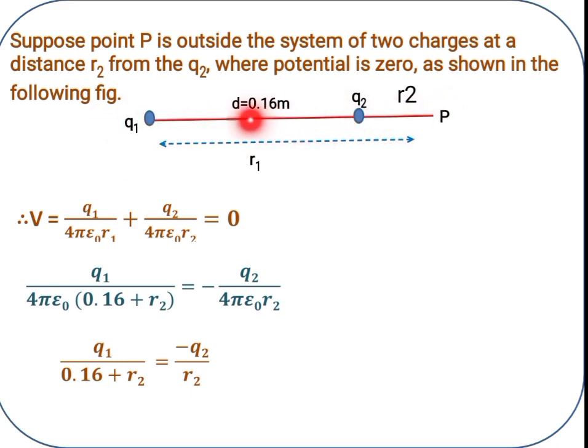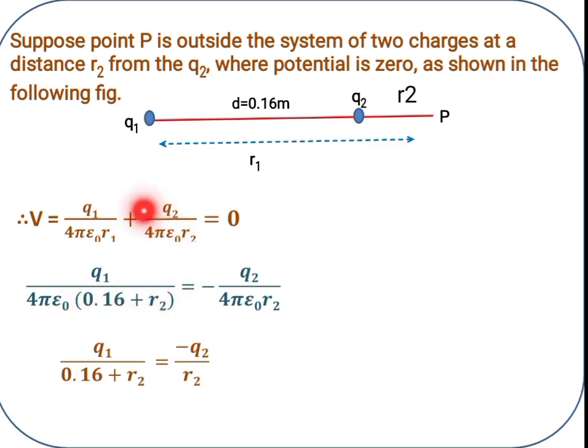Q1, Q2 as it is, the values are the same, the D value is also the same. From Q1 to this P the distance is R1, and the distance between Q2 and P is R2. Now in the same way we consider V equal to Q1 divided by 4 pi epsilon naught R1 plus Q2 divided by 4 pi epsilon naught R2 is equal to 0.